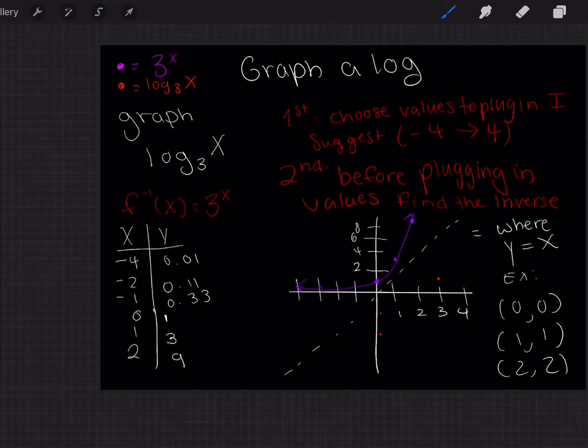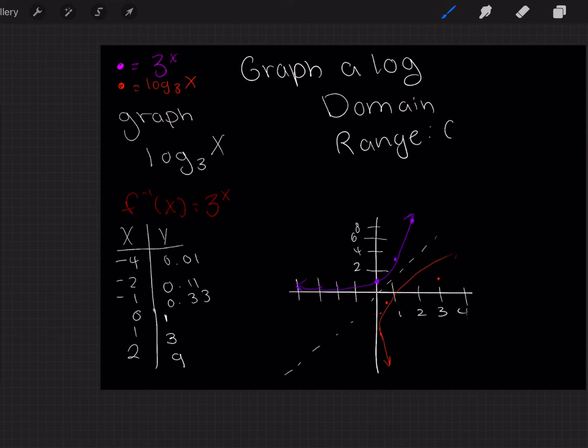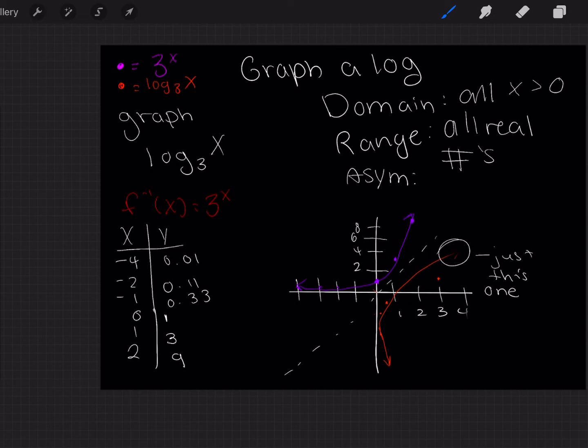Now, once you've plotted your points, you can find your domain and your range. So the range for all logarithmic functions when graphed is all real numbers. Your domain for this one is all x's greater than 0.